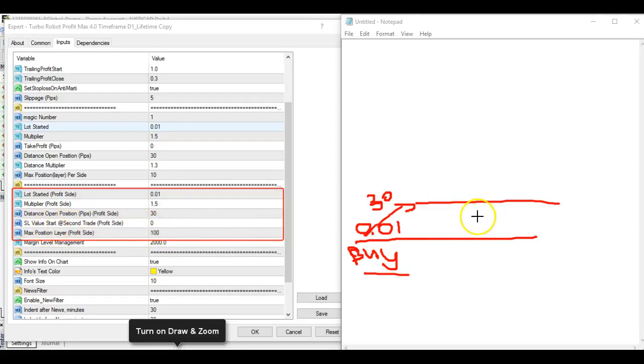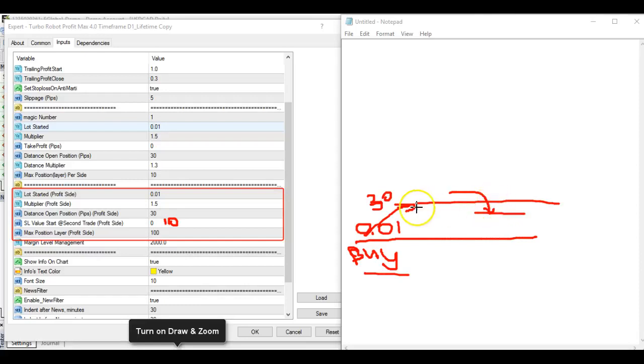If you put SL value maybe 10 pips, so maybe 30, then you have 10 pips over here. Something like that. So the moment the market reverses back, you already earned, then this trade will close.